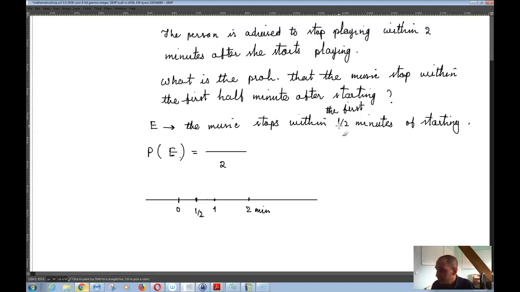The outcomes favorable to E are points on the number line from 0 to 1/2. So the distance from 0 to 2 is 2, while the distance from 0 to 1/2 is 1/2.